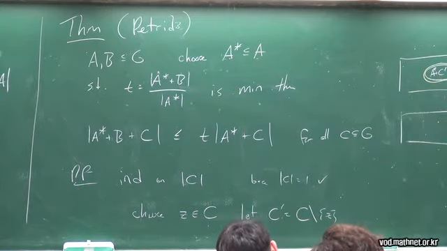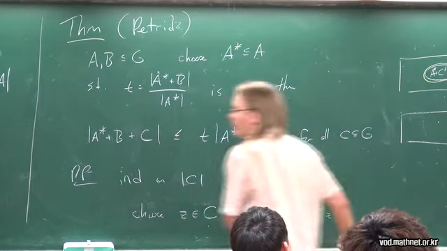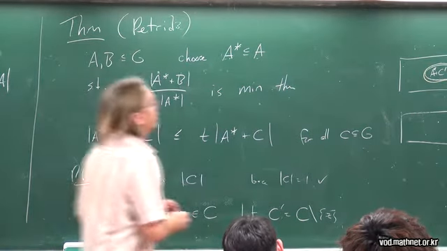Now when I look downstairs, I look at all of the elements you can get to downstairs by starting somewhere in this yellow and following an edge. That's going to be exactly A star plus B plus C. But I'm going to care about some of these sets in the middle.